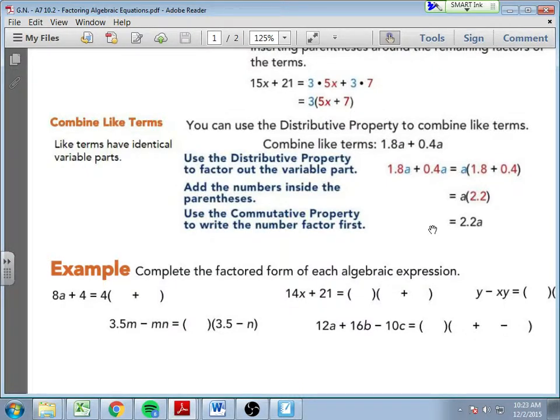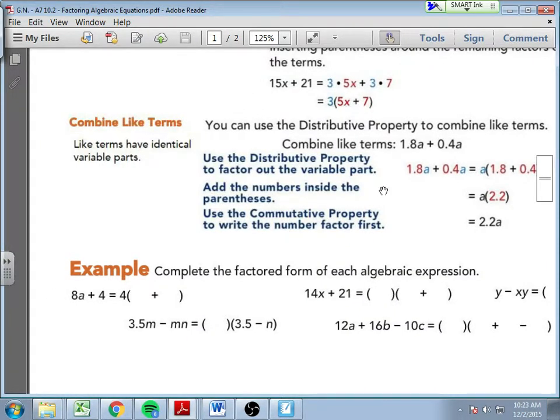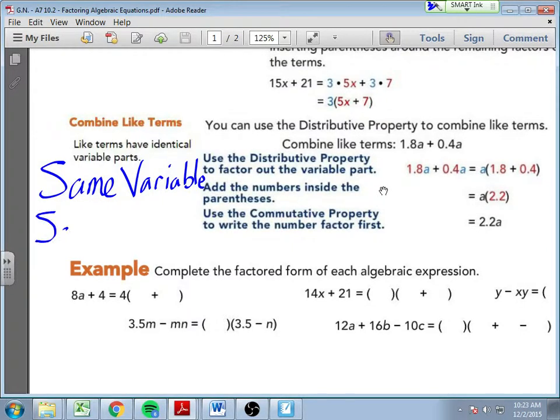Like terms are when they have the same exact term. Here on your notes, you want to write same variable. What else? They have the same exact variable power and exponent.